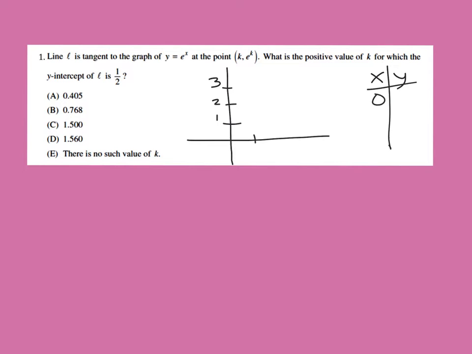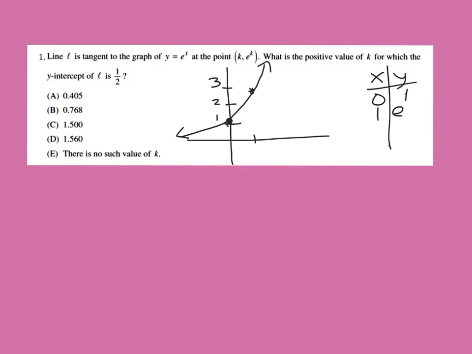If you have x equals 0, you have a y value of 1. If you have x equals 1, you have a y value of e, which is about 2.7-ish. If you get a negative number, you're going to have a fraction that's less than 1. So this graph kind of looks like that.